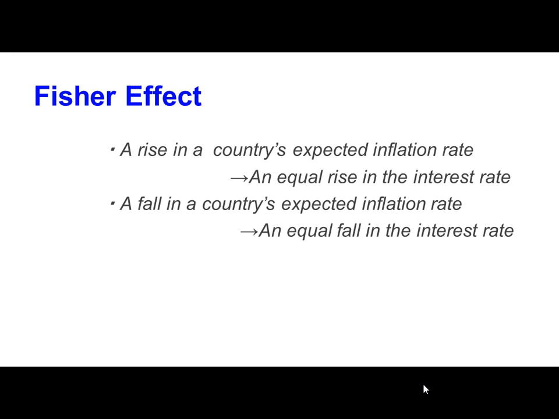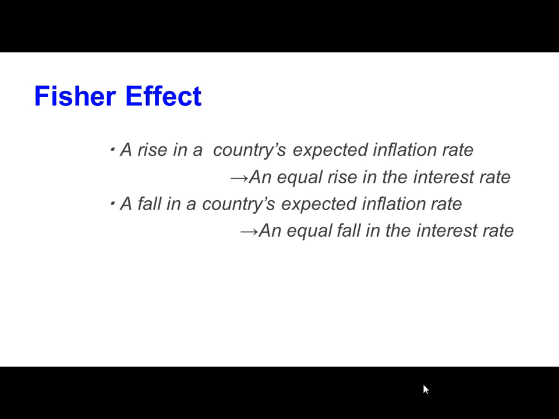So this tells us that, all else equal, a rise in a country's expected inflation rate will eventually cause an equal rise in the interest rate that deposits of its currency offer, or similarly, a fall in a country's expected inflation rate will eventually cause an equal fall in the interest rate.